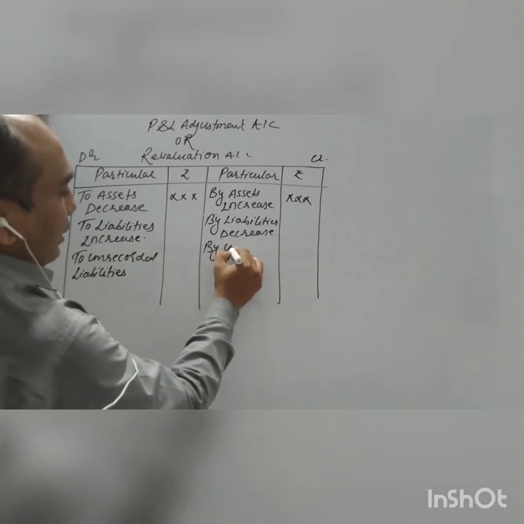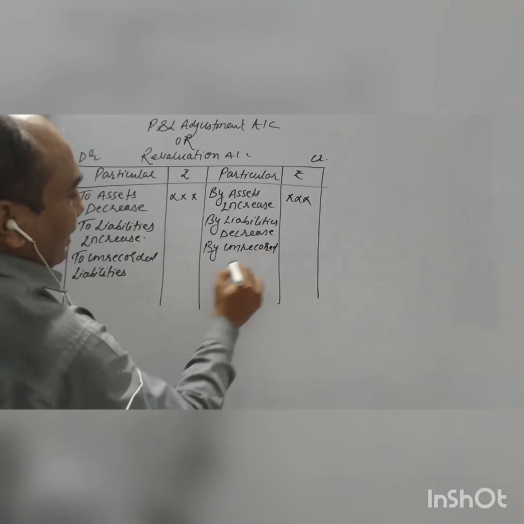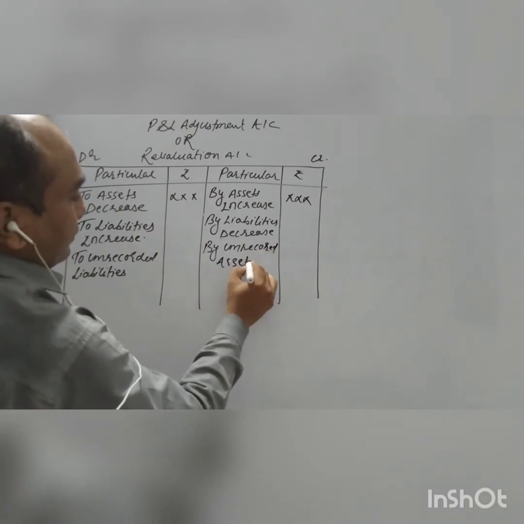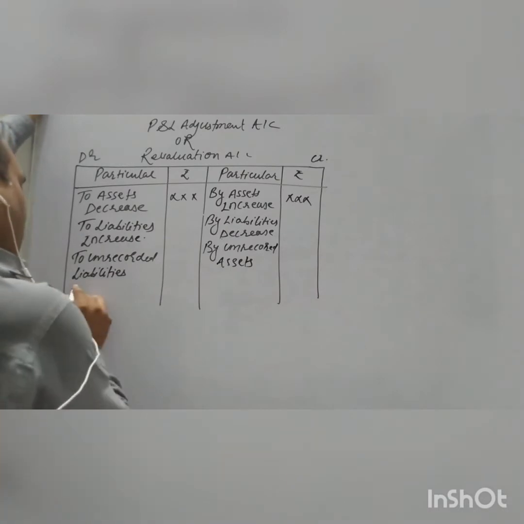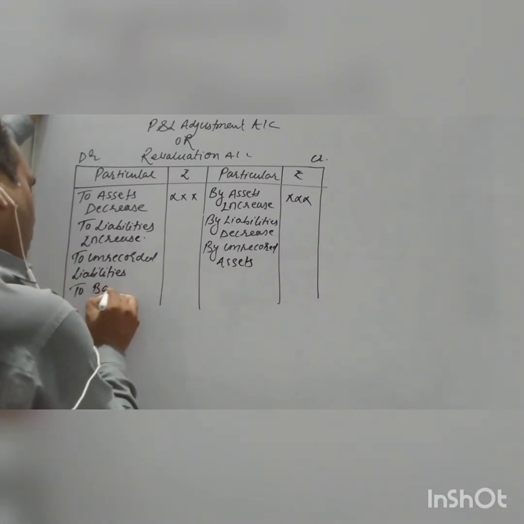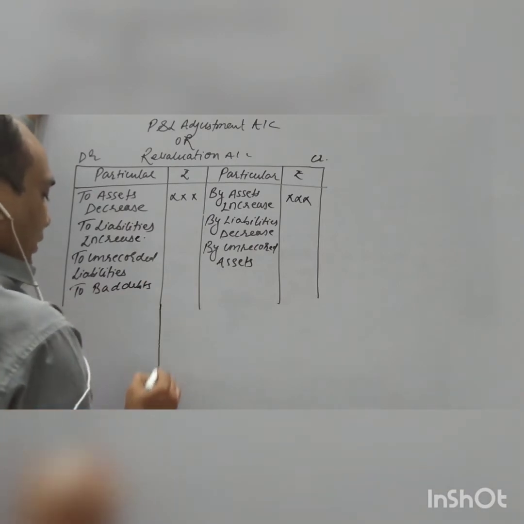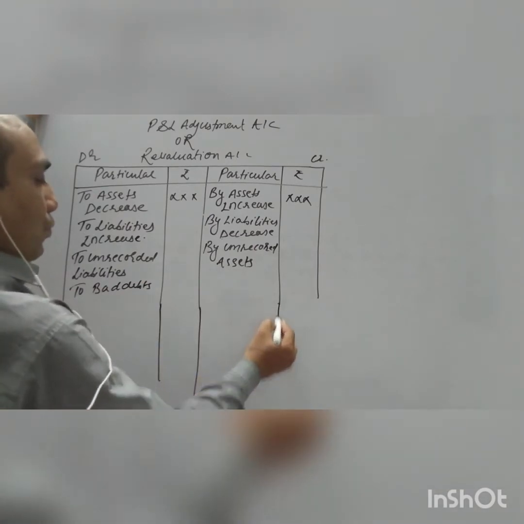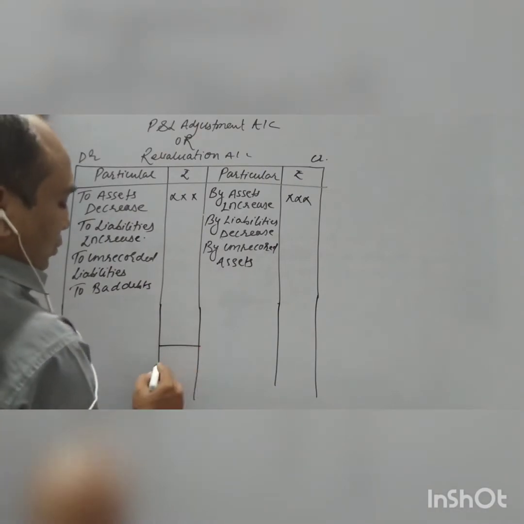Sometimes an unrecorded asset, it will be posted on the credit side. Also bad debts. Now we'll tally this account, or close this account.